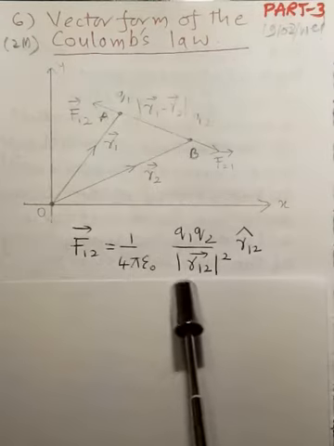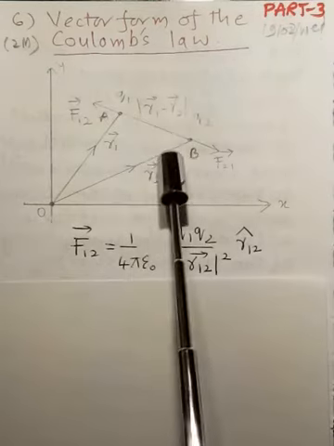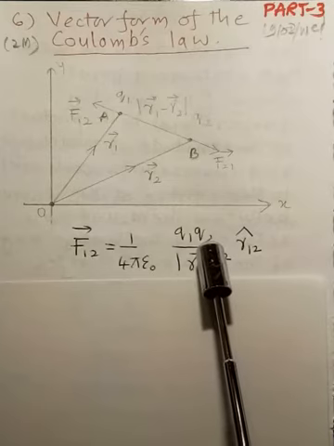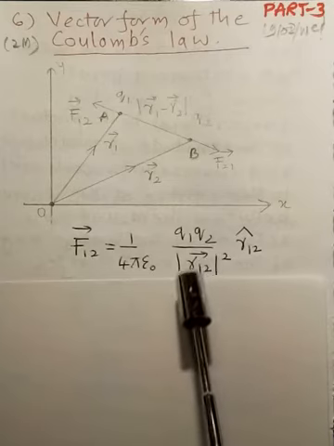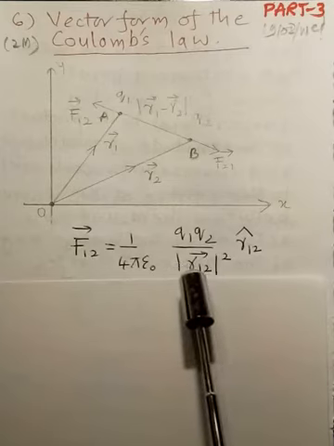Therefore, the direction of R12 is from B to A. But I have taken the modulus of it. Modulus means I have to consider only the magnitude here, not the direction. Therefore, it is just measuring the distance between point A and point B, and it is squared.